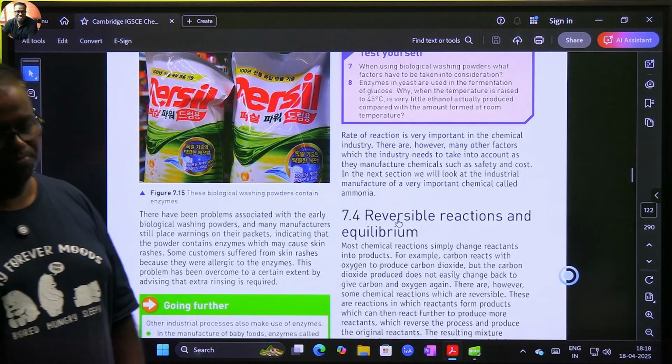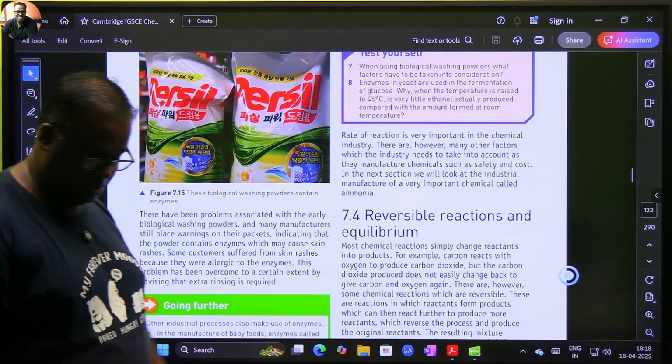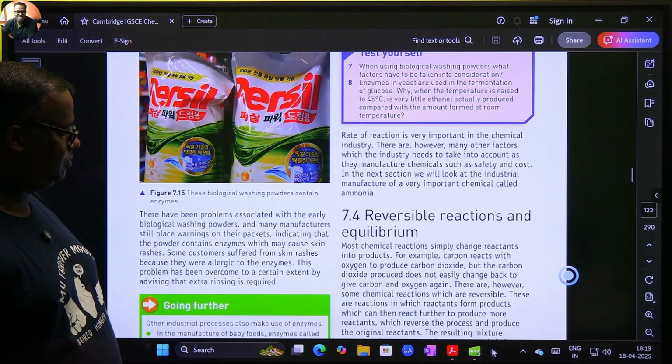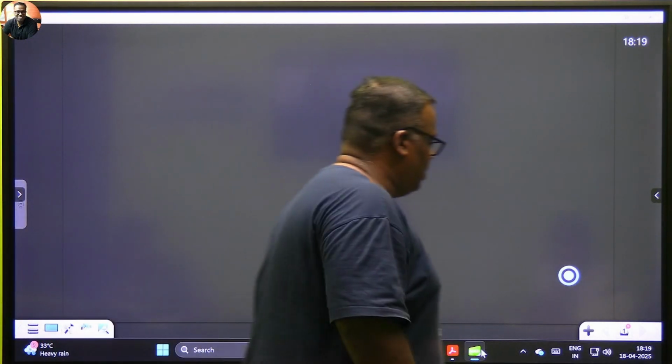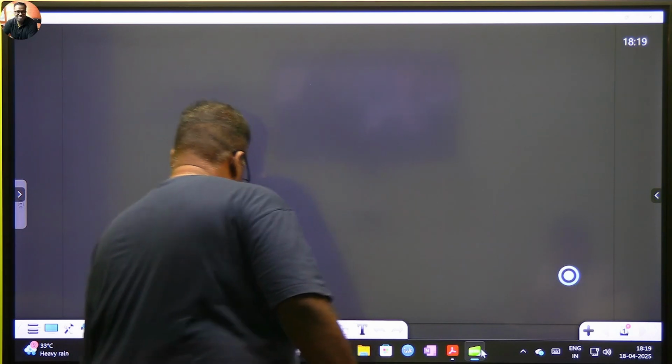Have you understood? Now I'll just give you a little bit of intro on what is reversible and non-reversible. Let us just try to understand before we go further.